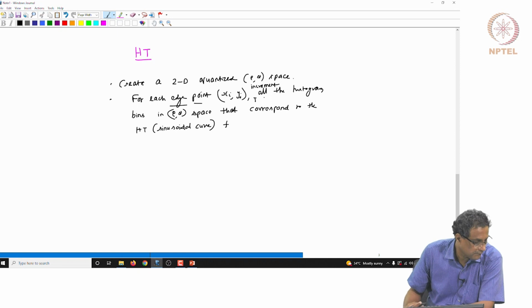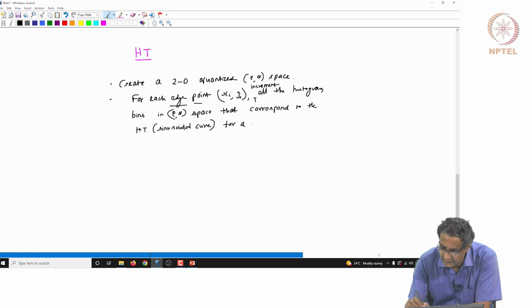Increment all the histogram bins in rho theta space that correspond to the sinusoidal curve for a point at that location.